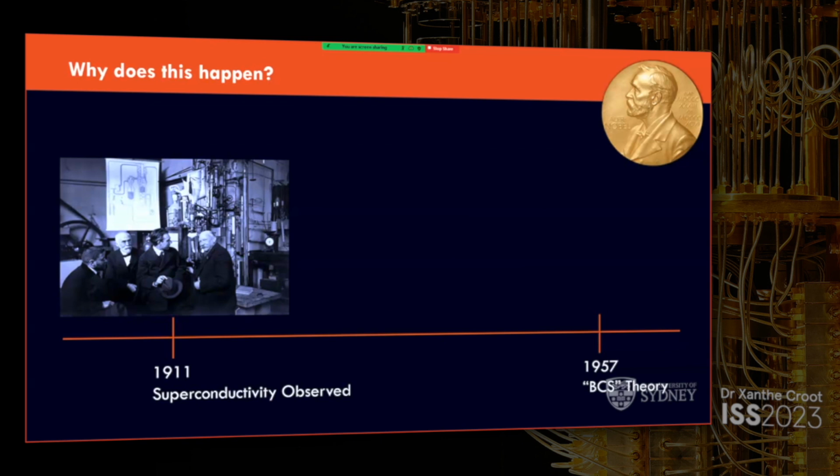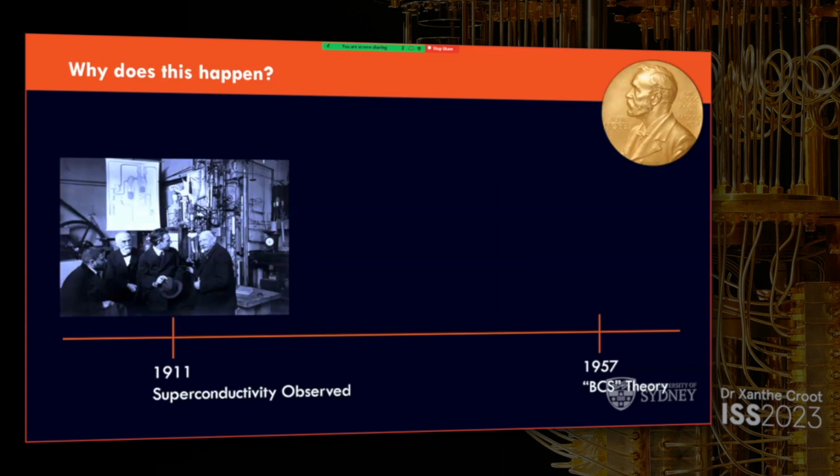What's really interesting about superconductivity is that it was first observed in experiment, and then it took another almost 50 years before people developed a theory about why this happens. And it wasn't for lack of effort. There was a really continuous effort to understand this phenomenon.